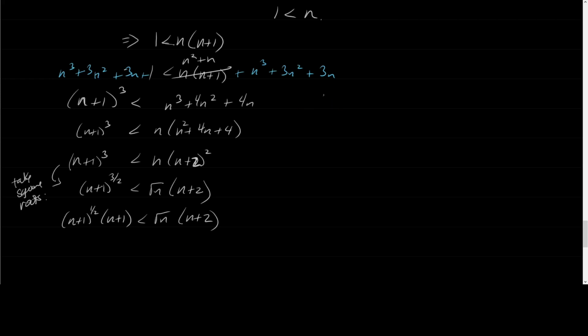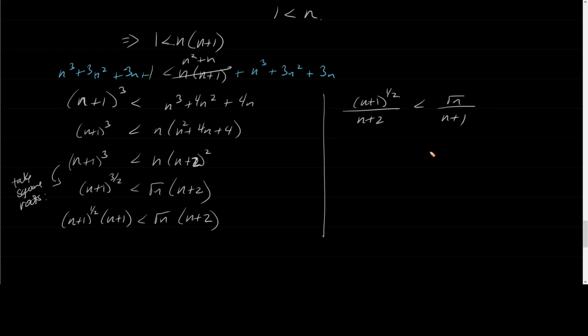Here's where the magic happens. In here, if I divide this n plus 1 down here and this n plus 2 down there, kind of like a cross division, what I end up with is n plus 1 to the 1/2 over n plus 2 is less than the square root of n over n plus 1.